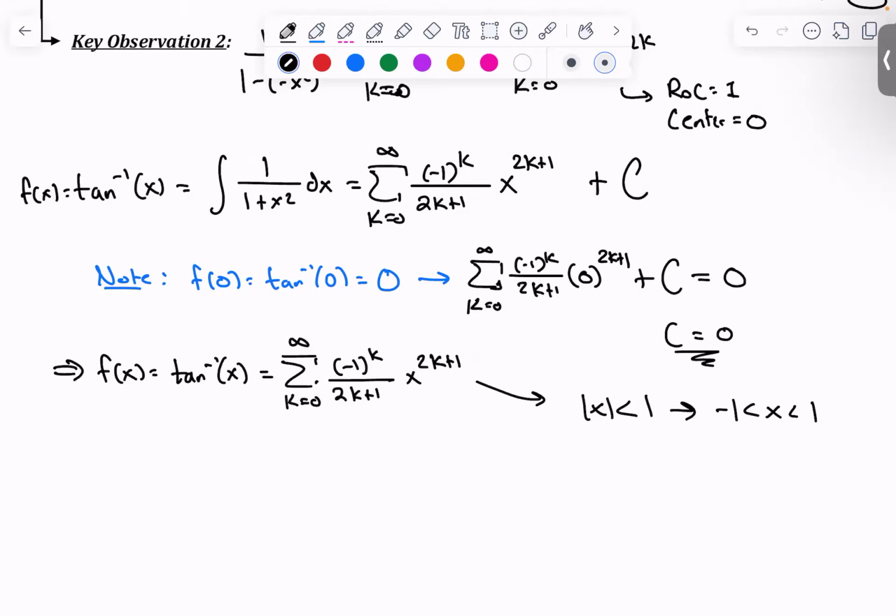Typically speaking, when you take derivatives, it makes it less stable, so the interval of convergence typically shrinks when you take derivatives, but it usually becomes more stable when you integrate. So the interval of convergence of an integration usually is a little bit bigger. Not always. It can be the same, but more often than not, it's a little bit bigger.